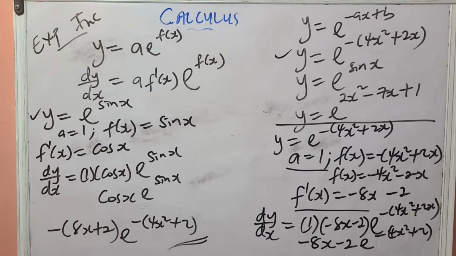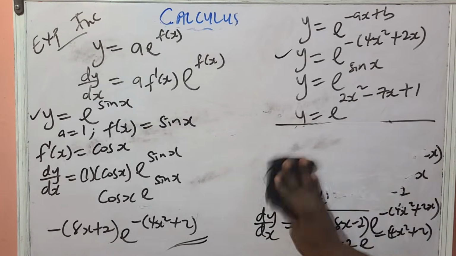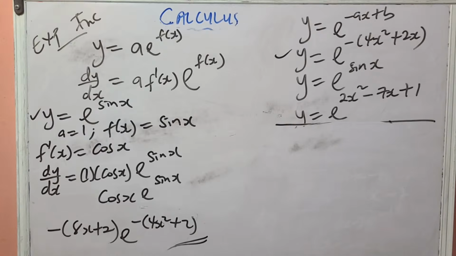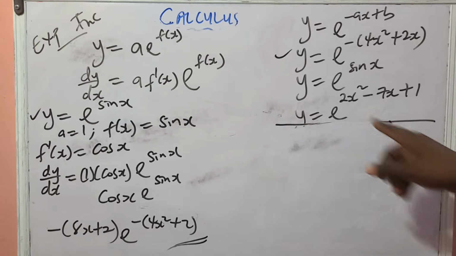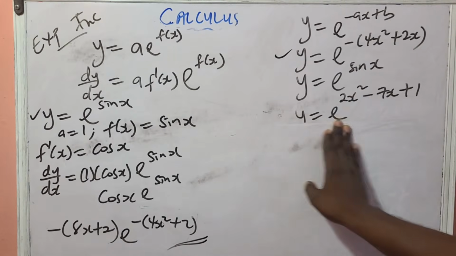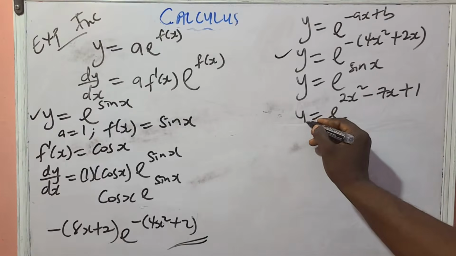So the last but not the least we have is this last one, and that is y being equal to e raised to the power we have here. So let's solve this last one. Again, it's the same process.